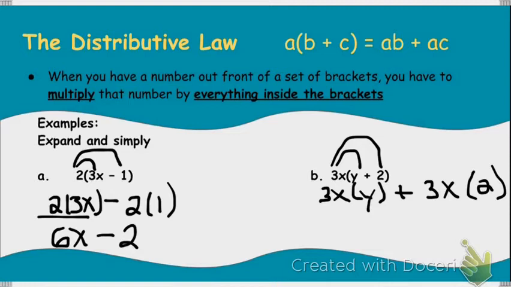The 3x times y, since the variables are not the same, we just leave them multiplied together, so I have 3xy, plus, and the 3 and the 2 multiply together to get 6, and because there's only the variable x, we just leave it as 6x. I cannot simplify this anymore as these two are not like terms, so that is your final answer.